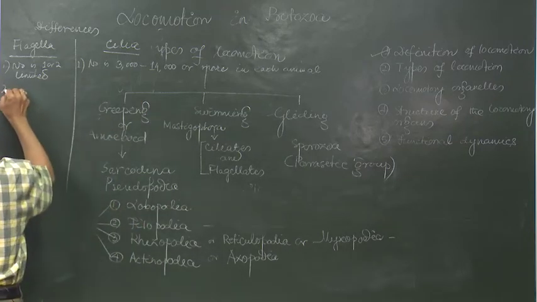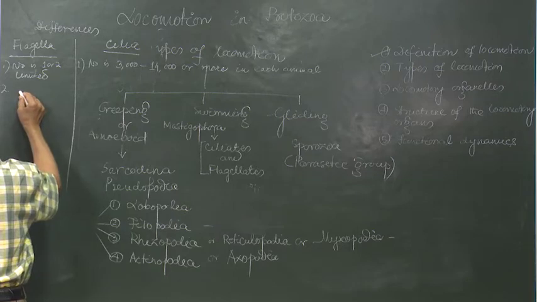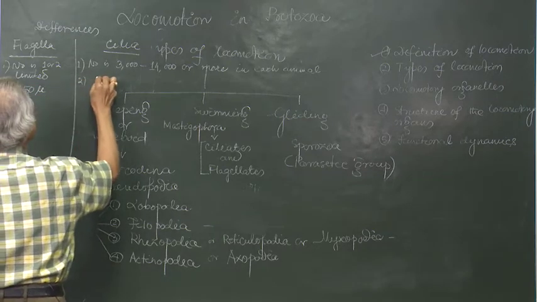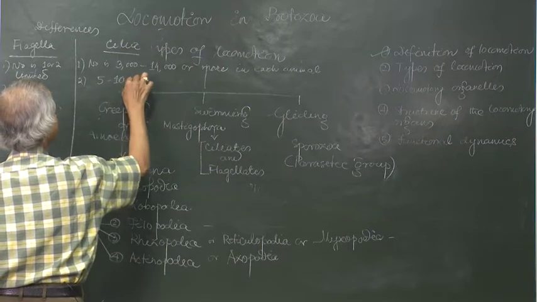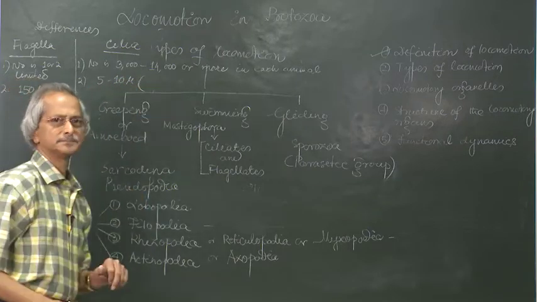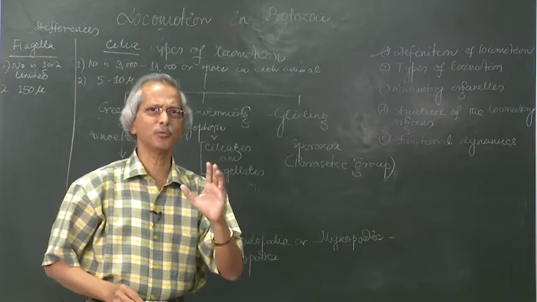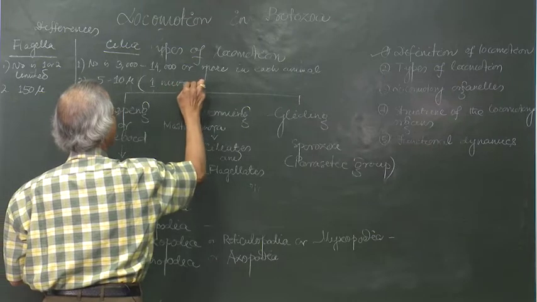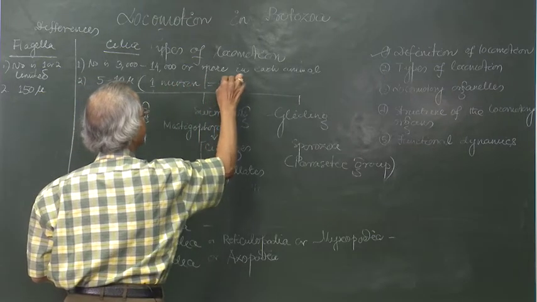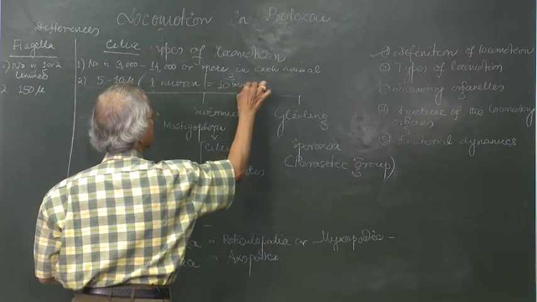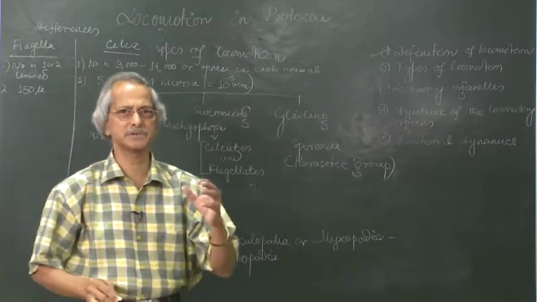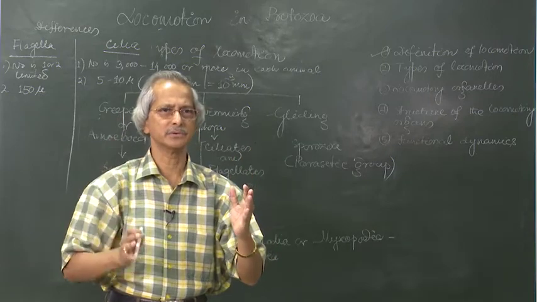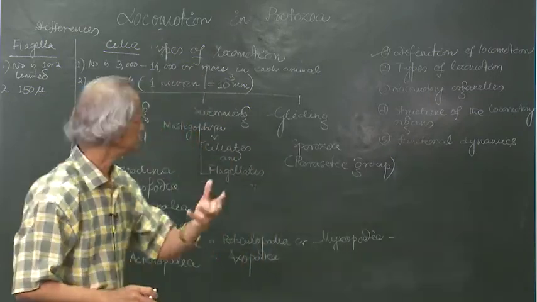The second one, the size of flagella is 150 micron, whereas the size of cilia is 5 to 10 micron. And remember, 1 micron is 1,000th of a millimeter. So, 1 micron, I hope you know, is equal to 10 to the power minus 3 millimeter, also known as mu. So, imagine the size or dimension of this particular structure.